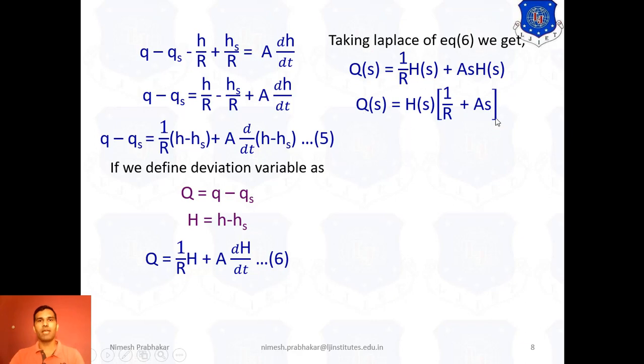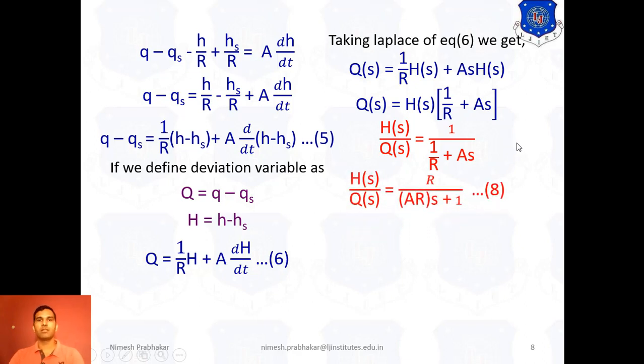Now rearranging this equation, we can write H(s) upon Q(s) is equal to 1 upon 1 by R plus A s.